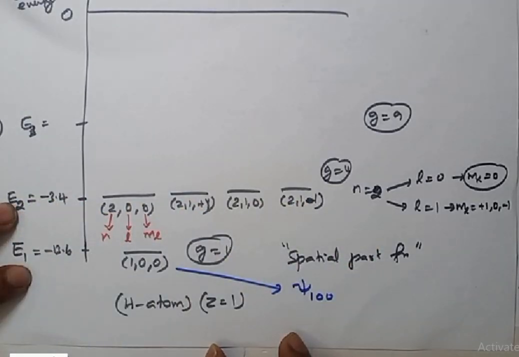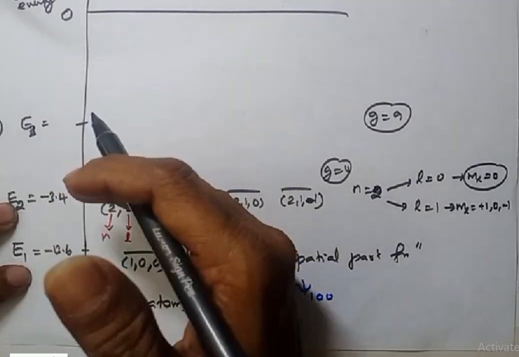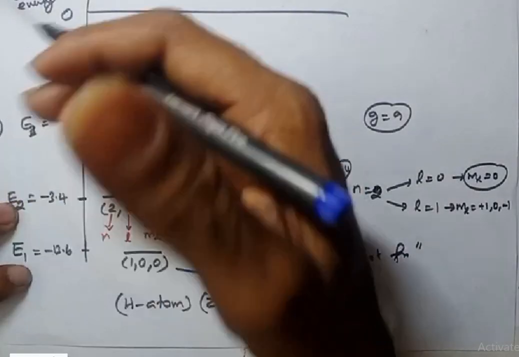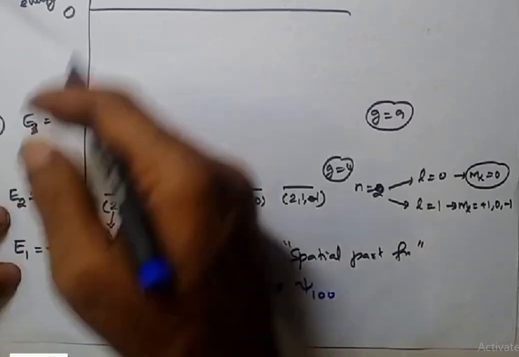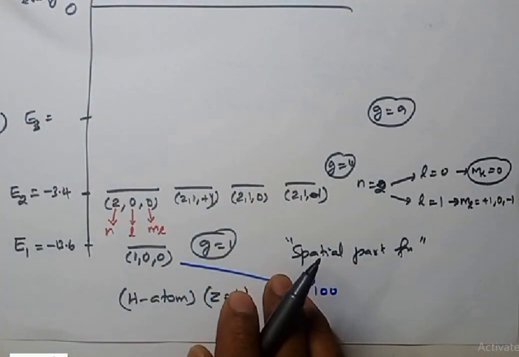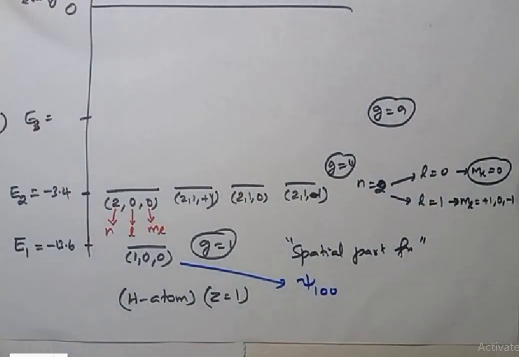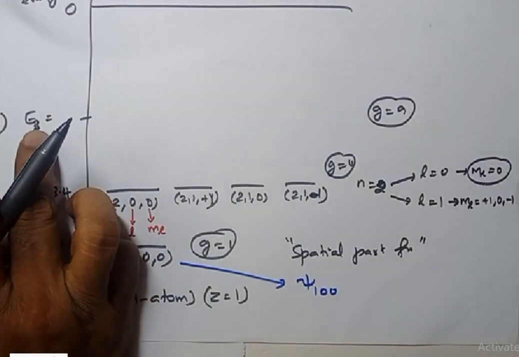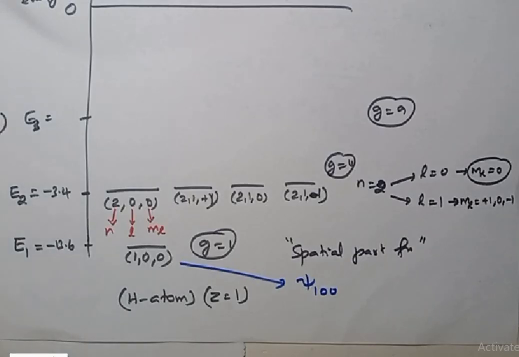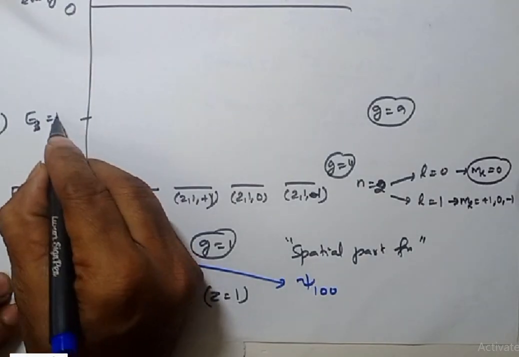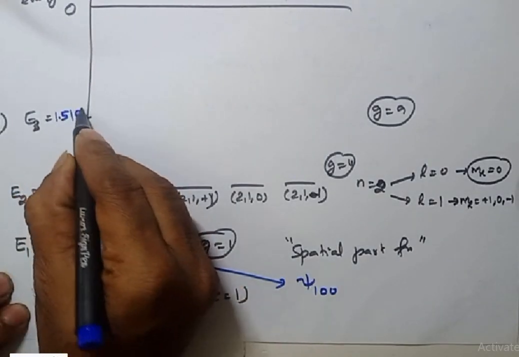Like that, we can have many electronic levels. I'll give you at least the next electronic level so that we can make some comparisons. If you put n equal to 3, 3 square is 9, so 13.6 by 9 will give you 1.51 electron volt, with a minus sign.